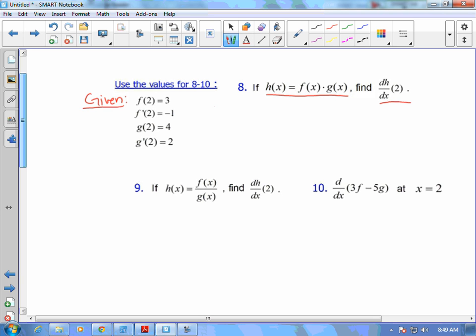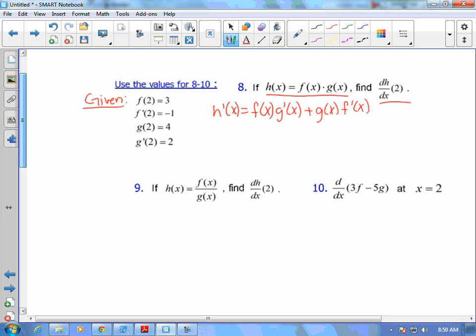So h prime of x equals first, f of x, d last, g prime of x, because we don't know what those are yet; we'll be plugging in a minute. Plus last, g of x, d first, the derivative of the first, f prime of x. Any questions there?